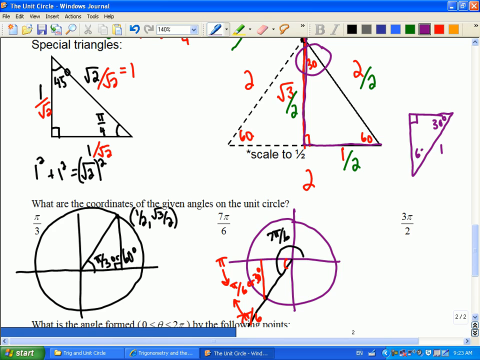So I know 60 degrees must be there. So root 3 over 2 is here, and 1/2 is there. So I just turn the triangle so that it matches up with this one in here. So that means my coordinates are down there. And the coordinates will be -1/2 and negative root 3 over 2, because I'm going left and down. Okay.